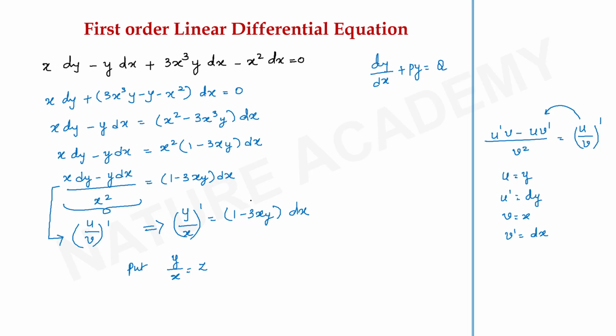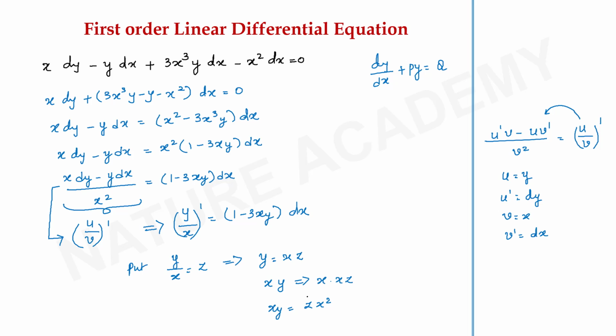When I write y by x is equal to z, it means that my y will become x into z, or x into y can be written as x into xz, and the value of xy will be z into x square.